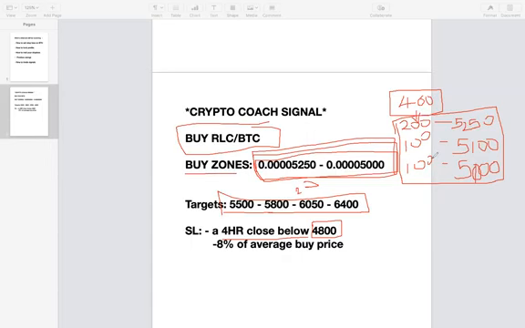You add all your buy prices together. If you bought 2 times, you add them together, then you divide them by the amount of times you bought. This one was bought 3 times. So if you add the three prices that the person bought, 5,250, 5,150, and 5,000, you are going to get 15,350 divided by 3.